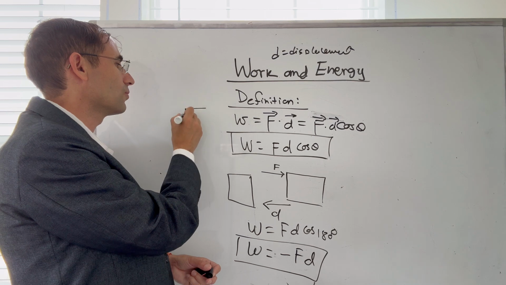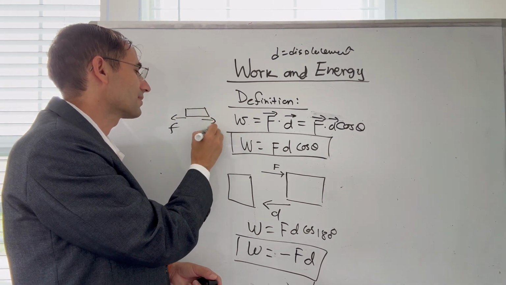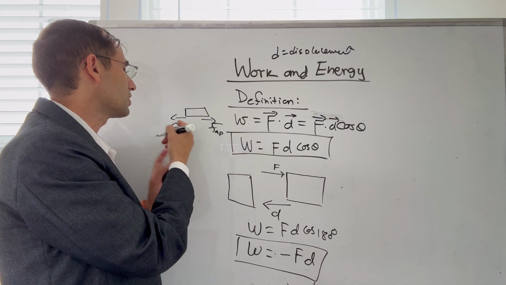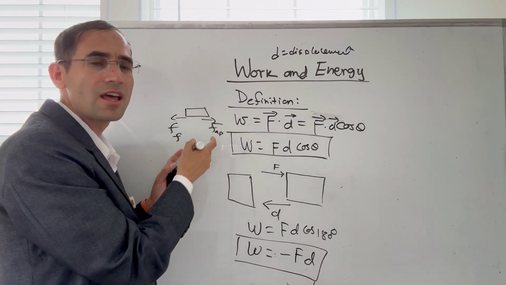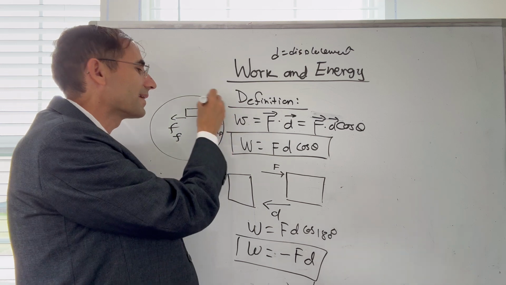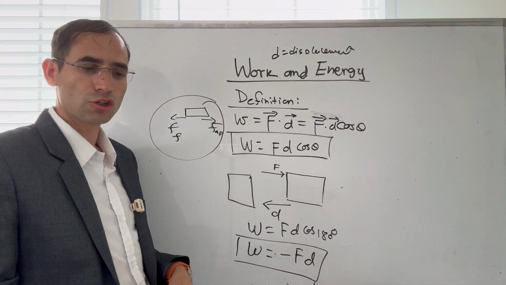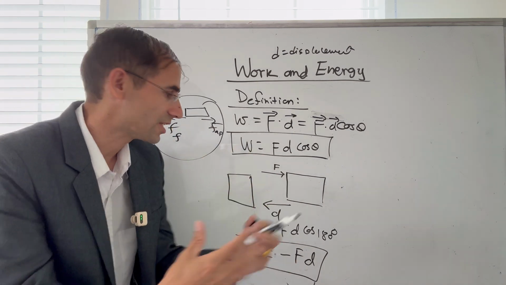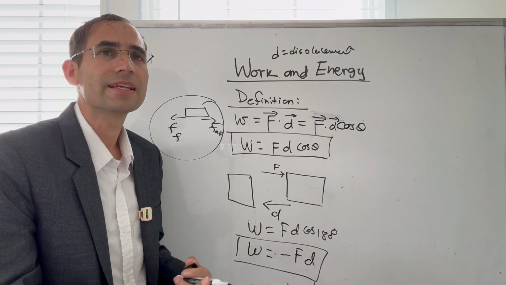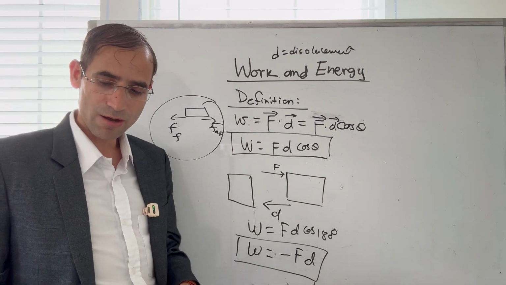You are walking here, the friction force acts in this direction, but you are applying the force in this direction, so that is the applied force. Since the friction force is opposite to the direction of the displacement, the work done by the friction force is negative. So positive work done means you are supplying energy to the system, and negative work done means energy is being taken out from the system. That's how you can interpret it.